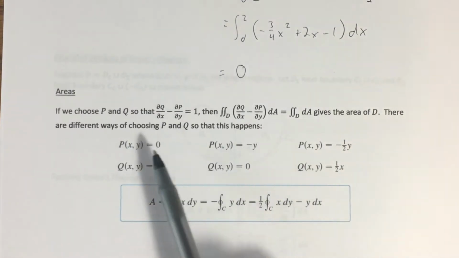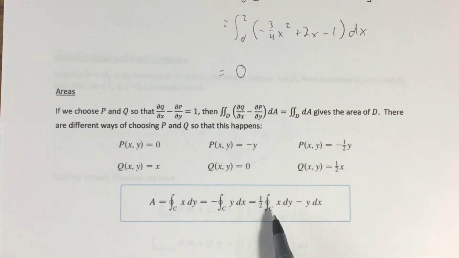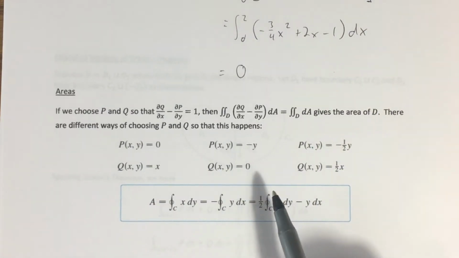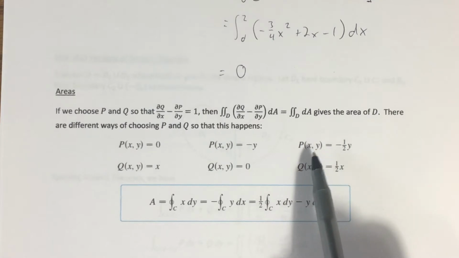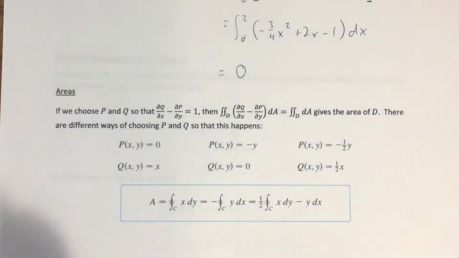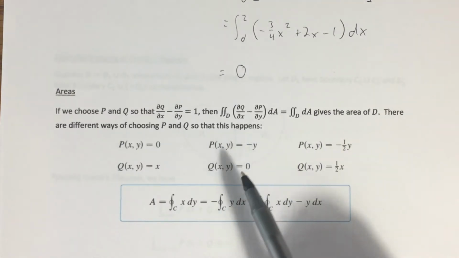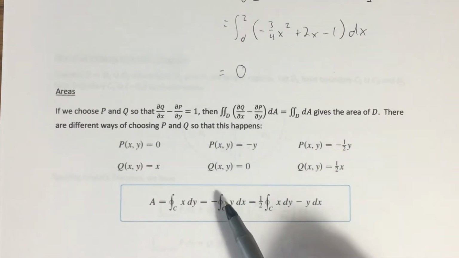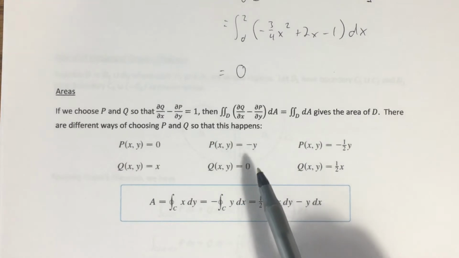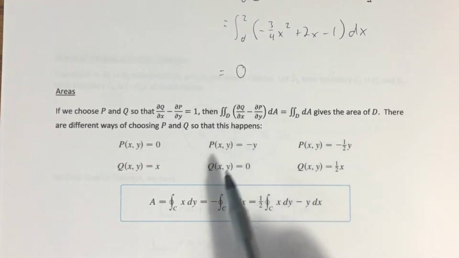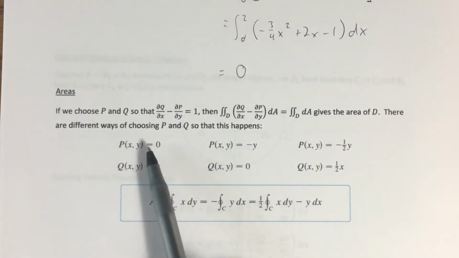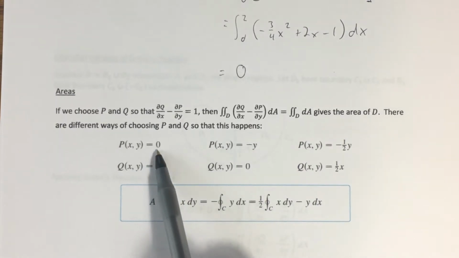So any pair of these functions will work in Green's theorem to turn this double integral into the line integral that we get in Green's theorem. Remember, the line integral will be of the form p dx plus q dy. So for example here, p dx would be 0, so there's nothing really to write there, plus q dy, that would be x dy.